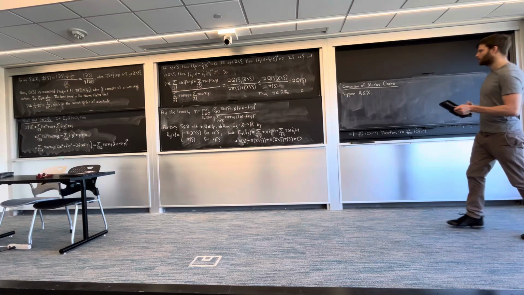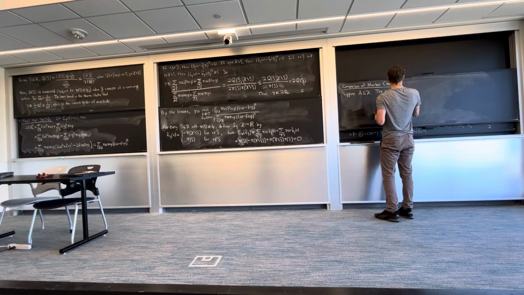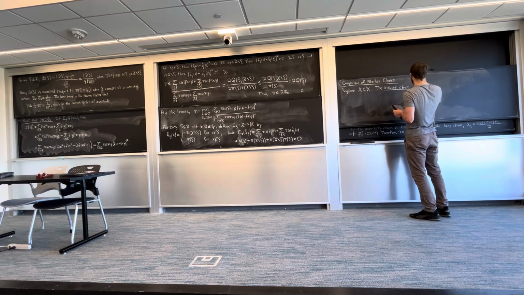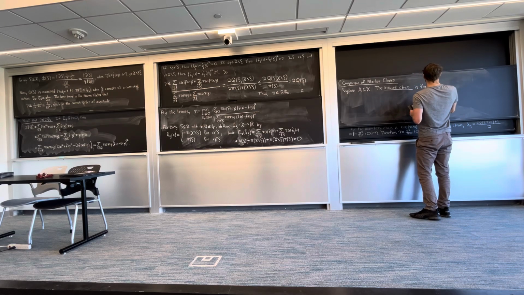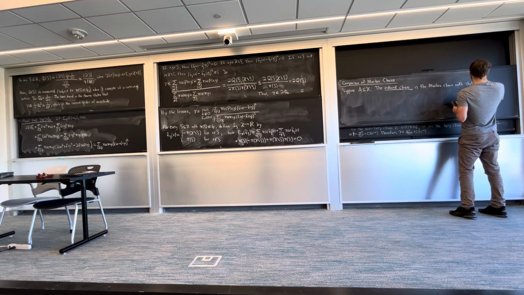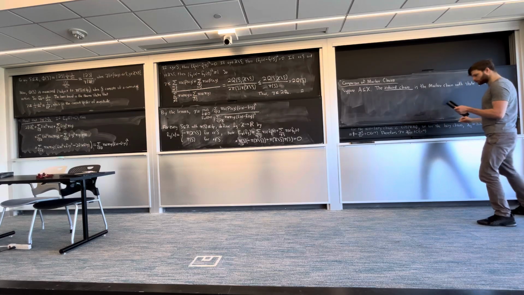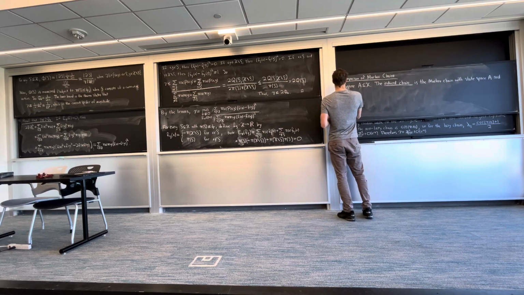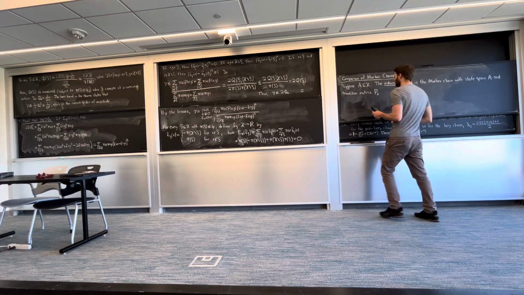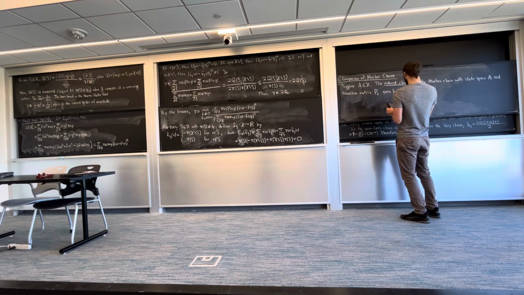Then we can define what's called the induced Markov chain, or the induced chain, on this state space A. Okay, so this is the Markov chain with state space A, and it has a transition matrix which I'll call P_A, and this is given by P_A of x, y.